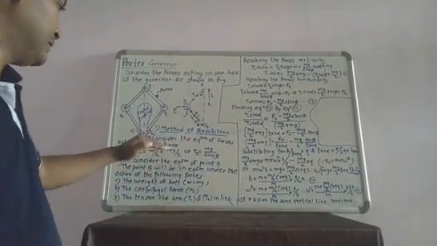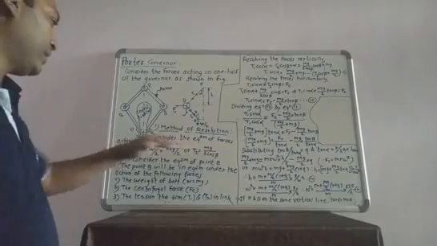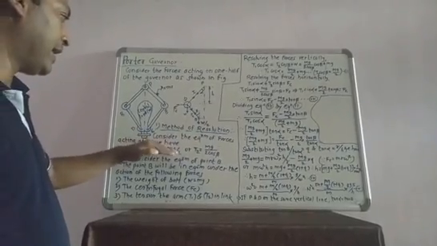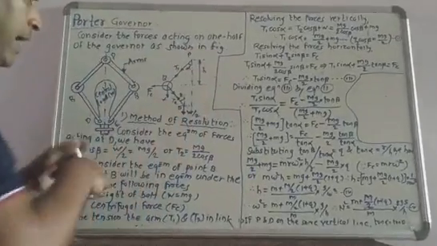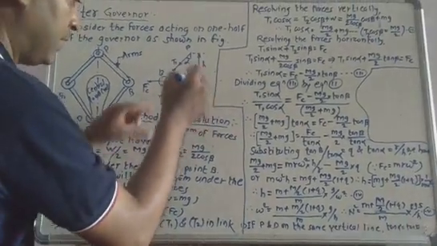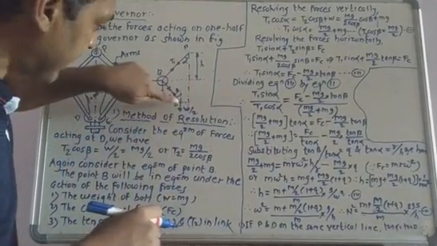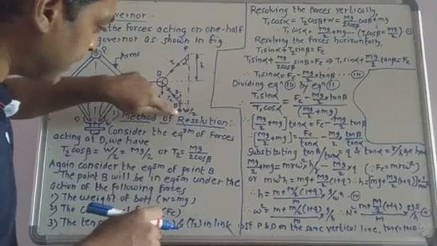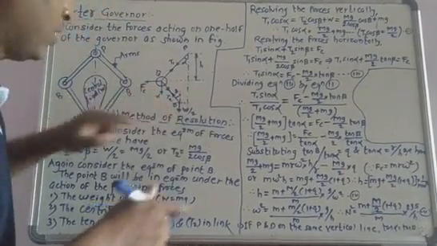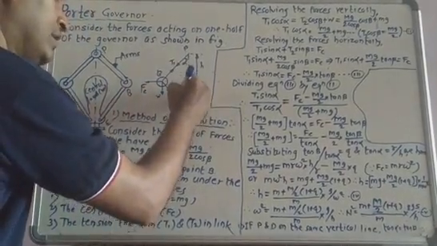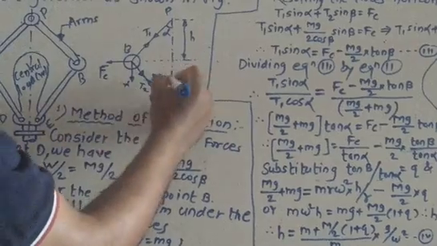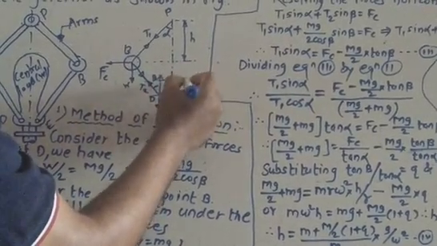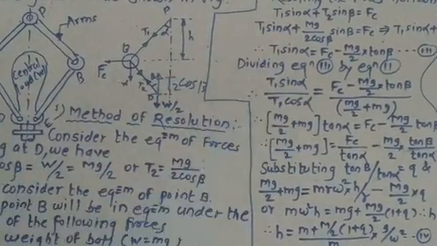In this case, just consider the equilibrium of the forces acting at point D. The force acting on D in downward direction is W by 2, and in upward direction is the component of T2 in vertical direction, that is T2 cos beta.